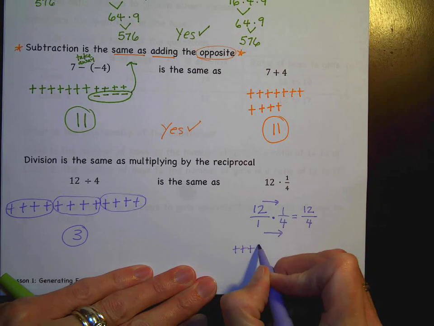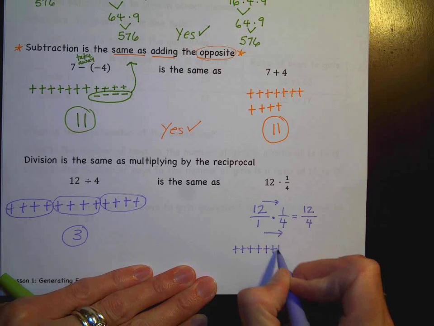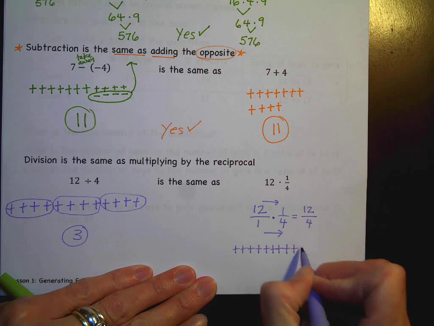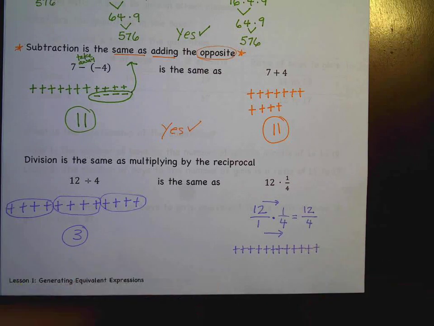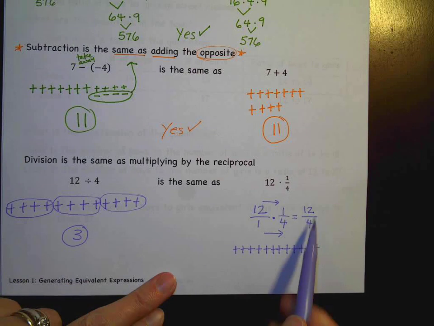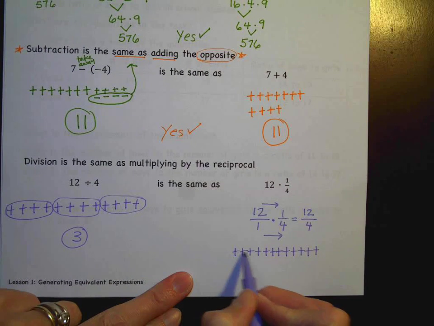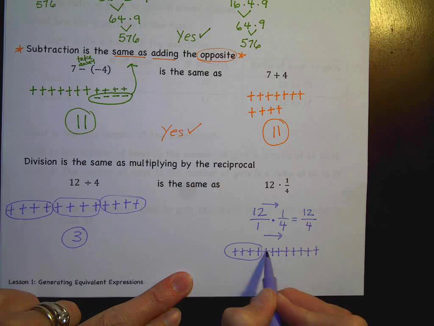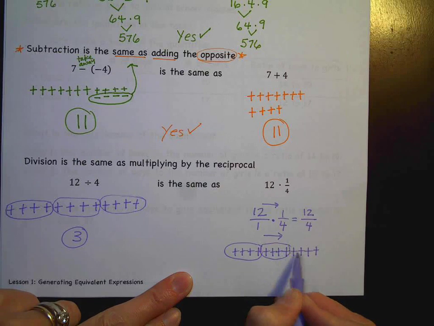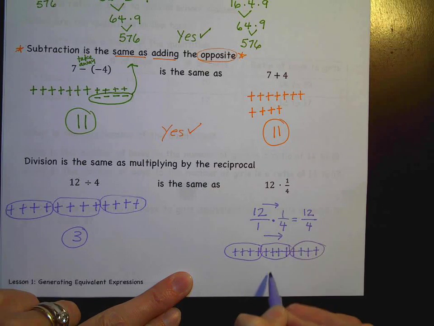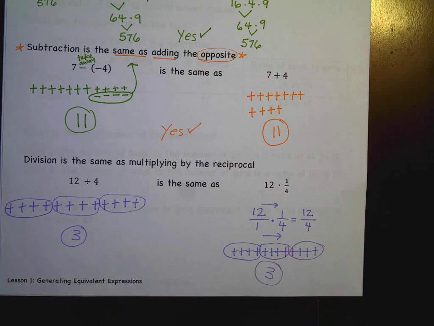So I had 12, draw them out, 1, 2, 3, 4, 5, 6, 7, 8, 9, 10, 11, 12, and then I'm supposed to divide them in groups of 4. So 1, 2, 3, 4, 1, 2, 3, 4, 1, 2, 3, 4, and I have 3 groups, therefore giving me the same answer.